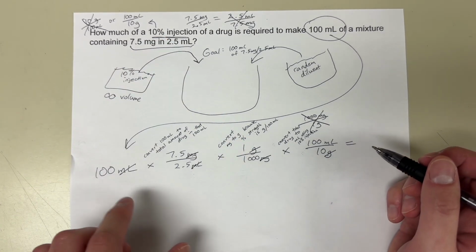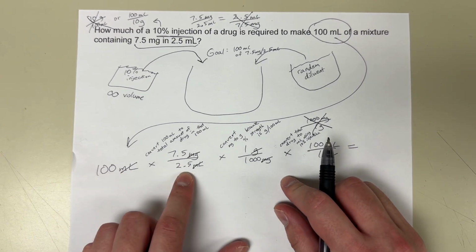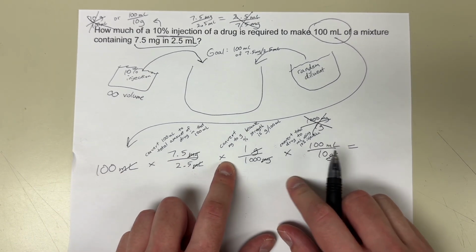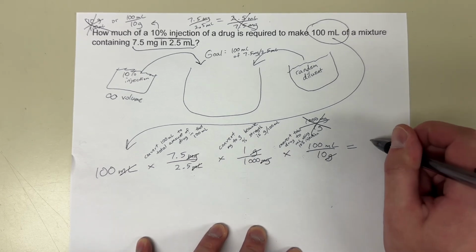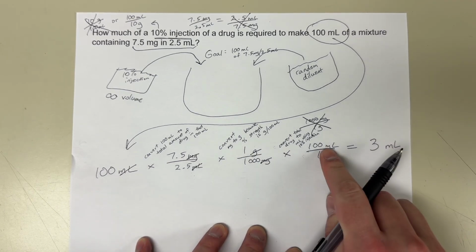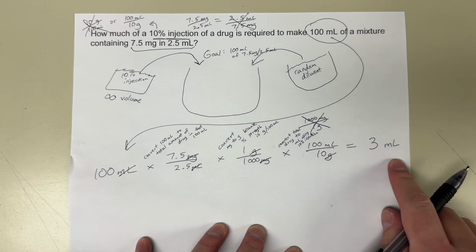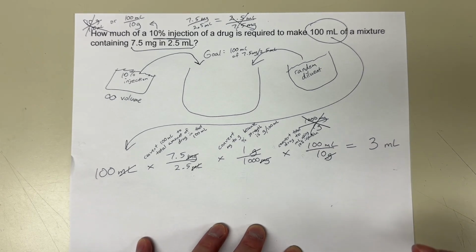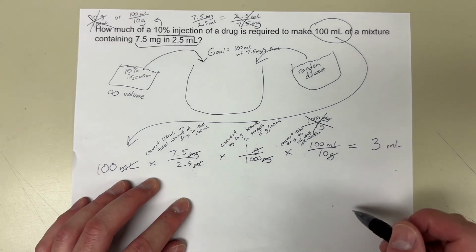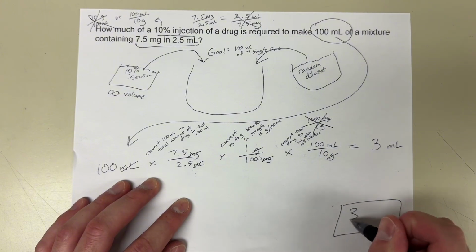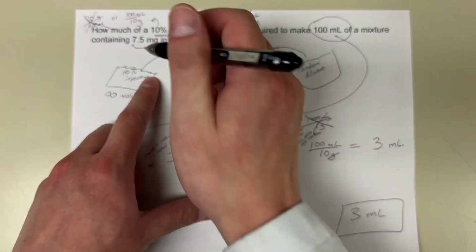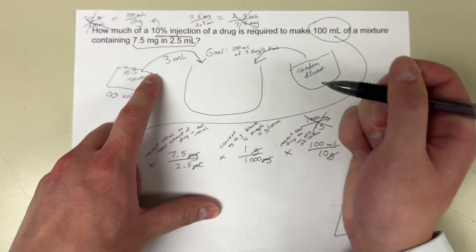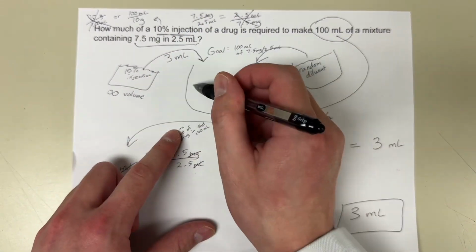So when I solve for that, 100 times 7.5 over 2.5 times 1 over 1,000 times 100 over 10, that will give me 3 milliliters, because milliliters is my final unit here. So 3 milliliters is my final answer. If you were to go back to my pictorial diagram, I'm going to be adding 3 milliliters into this container.